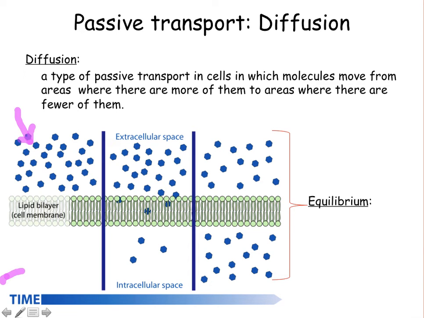Here there's a low concentration. This means that in the case of the first picture, the direction of the concentration gradient is, as this orange arrow shows, from high to low. So in this case, going from the outside of the cell to the inside of the cell.